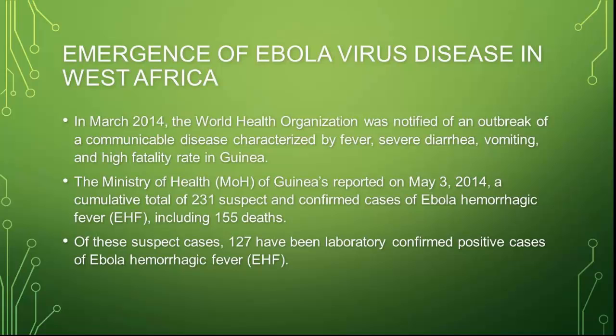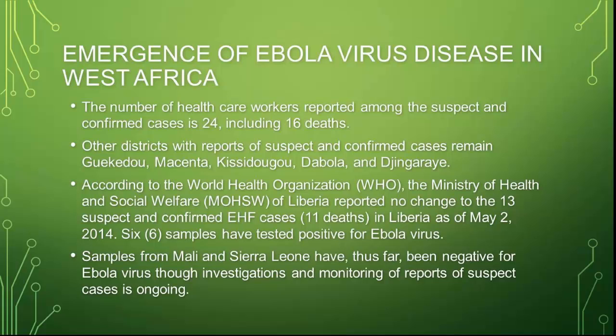So the fatality rate is close to 70%. Of these, 127 have been laboratory confirmed positive cases of Ebola hemorrhagic fever. The number of healthcare workers reported among the suspect and confirmed cases is 24, including 16 deaths.